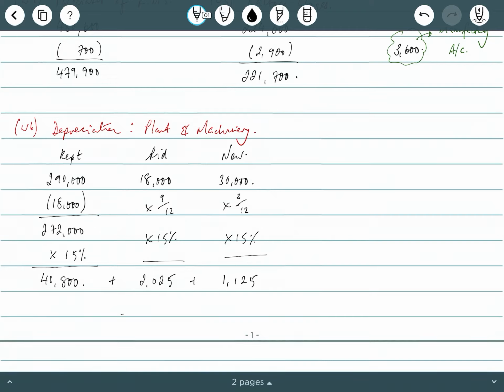Now we'll add those together to give us the full depreciation charge for the year on plant and machinery. So 40,800 plus 2,025 plus 1,125 is 43,950. That there is your depreciation on plant and machinery, which we know is an expense.